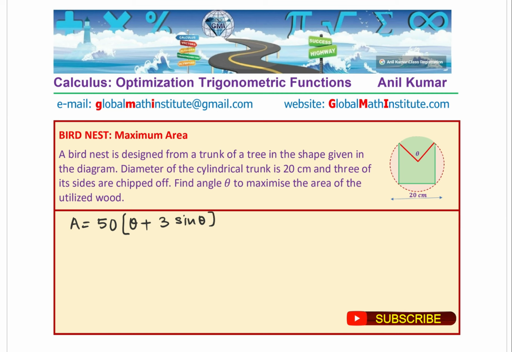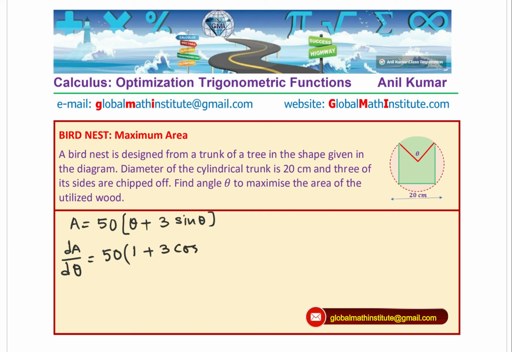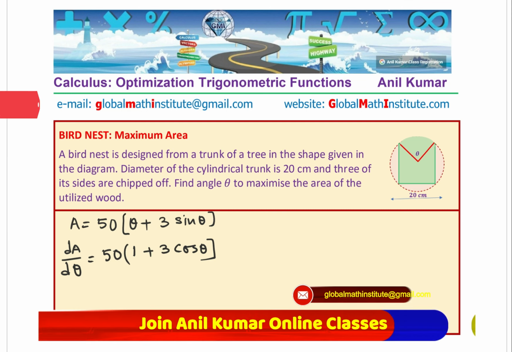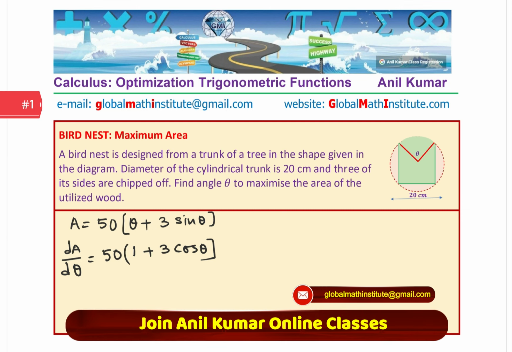So now the derivative of this area with respect to the angle theta is 50 times the derivative of theta, which is 1, and for sine theta it is cos theta. So we get 3 cos theta. So that becomes the derivative of this particular function.